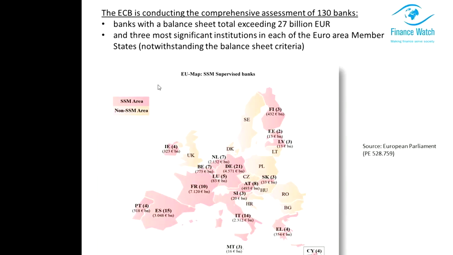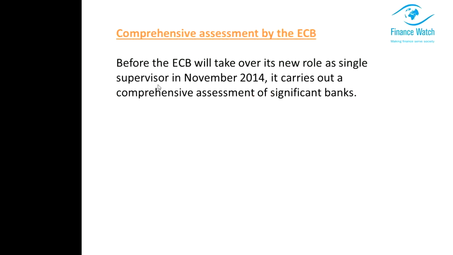The comprehensive assessment sample was bigger to have some buffer. The banks might have changed, balance sheets might have changed, so the significance criteria might be met by more banks. And we cannot forget that apart from direct supervision of significant Eurozone banks, the ECB will be responsible for indirect supervision of all insignificant banks. So there is no contradiction here.